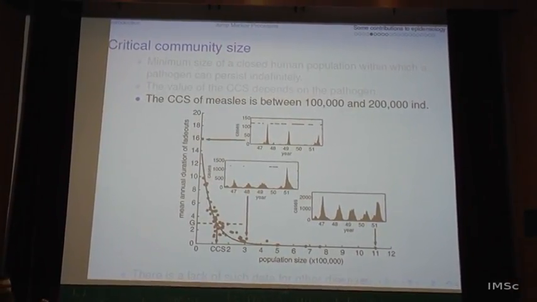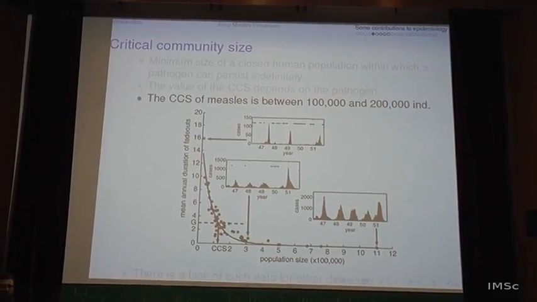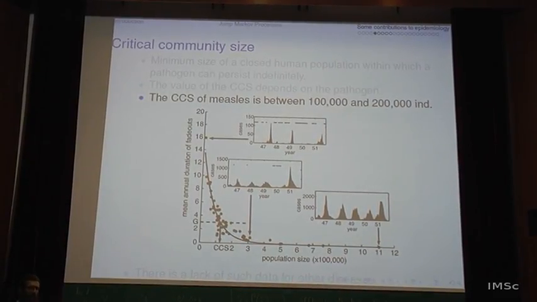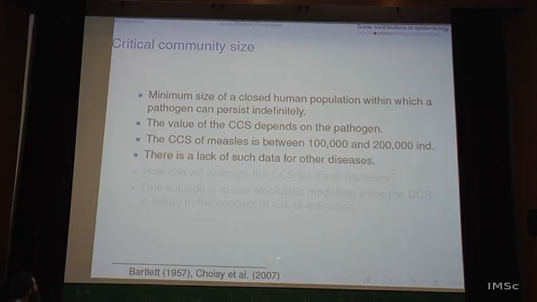The problem is that this kind of data for measles, we don't have it for other diseases. And that's really important because if you know there is an area where the population size is potentially above the CCS, then you might want to use, for instance, vaccines or special interventions to treat this population. So you want to know what the CCS is.